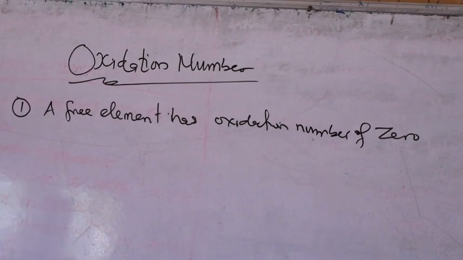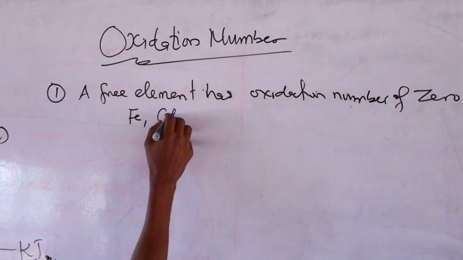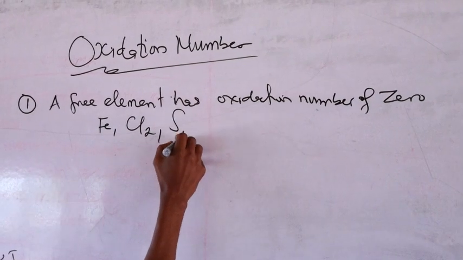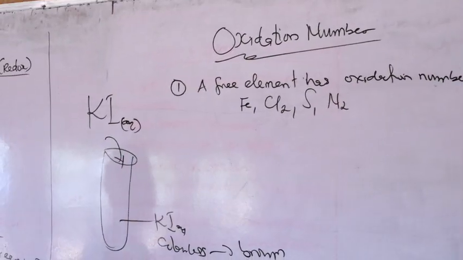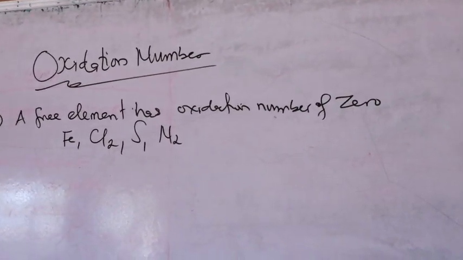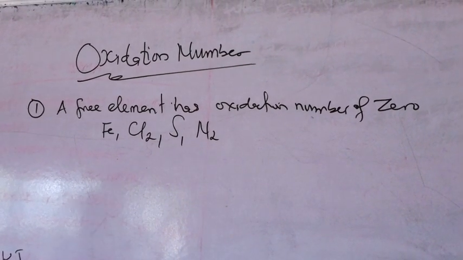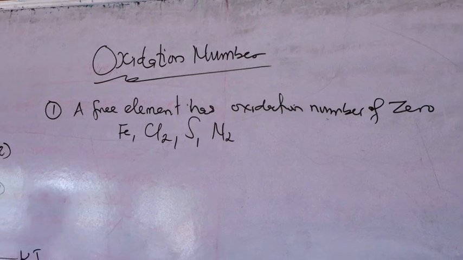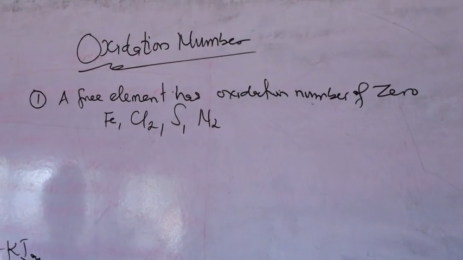For example, if I write iron, chlorine, sulfur, nitrogen, each of these elements has an oxidation number of what? 0, because each one of them is standing on its own. It's not combined with any element.